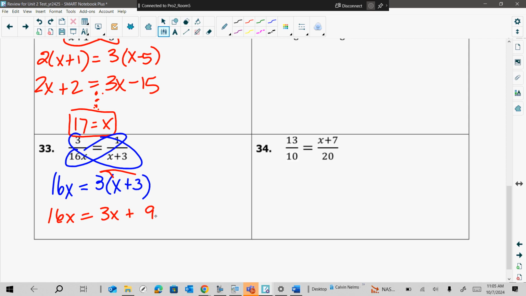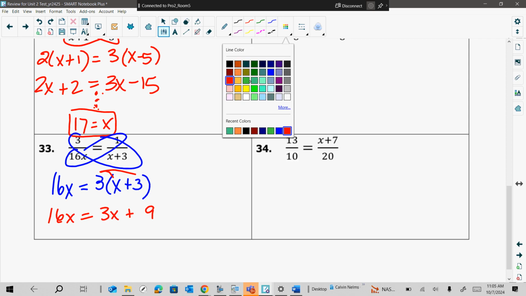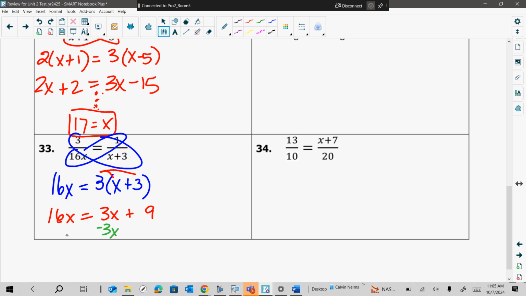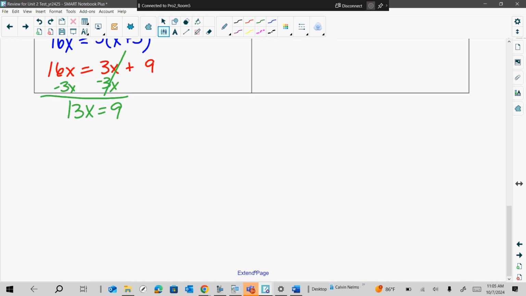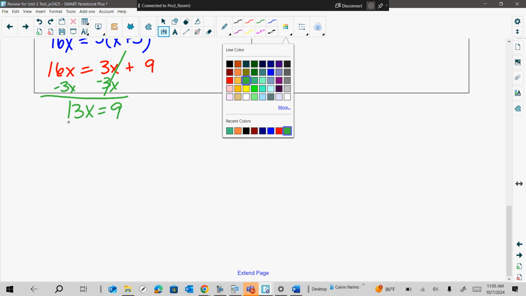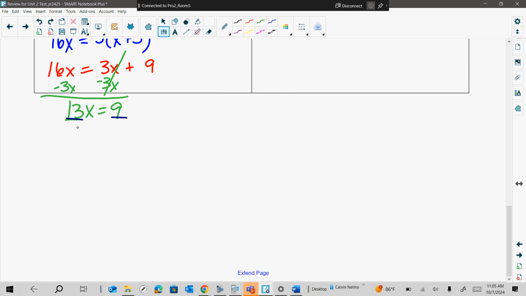To isolate the variable, we're going to minus the 3x to get 13x equals 9. 13 is the coefficient, so I'm going to divide both sides by that 13. That cancels, x equals 9 over 13.